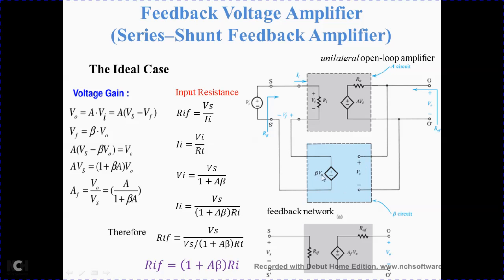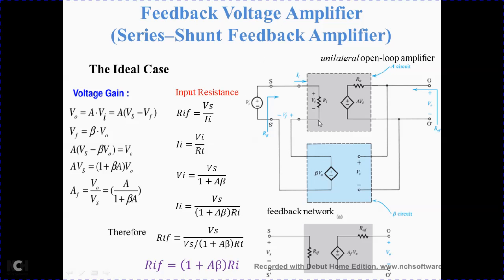So the output of this circuit is Vf. So Vf is equal to beta into V0. Gain is equal to output by input. Vf by V0 equals beta, or else Vf equals beta into V0. Okay.